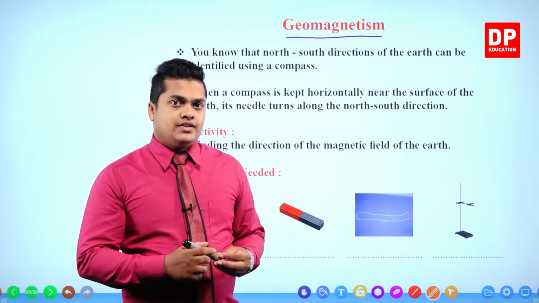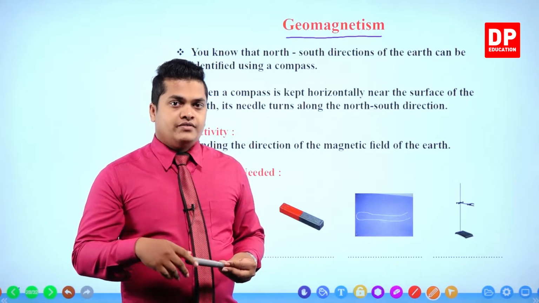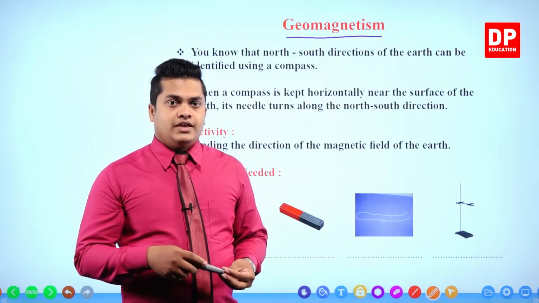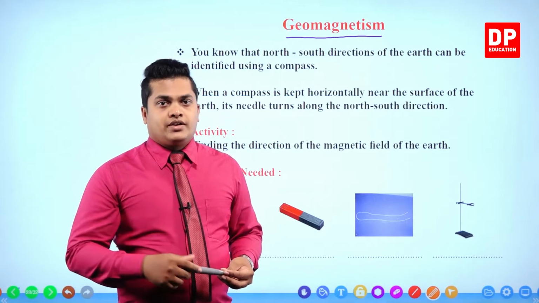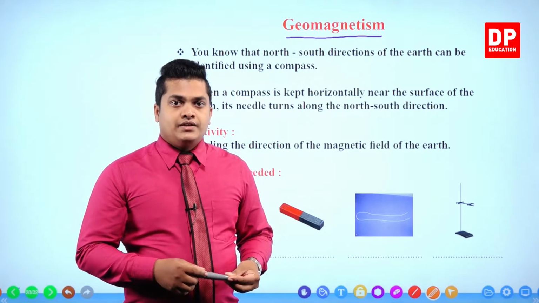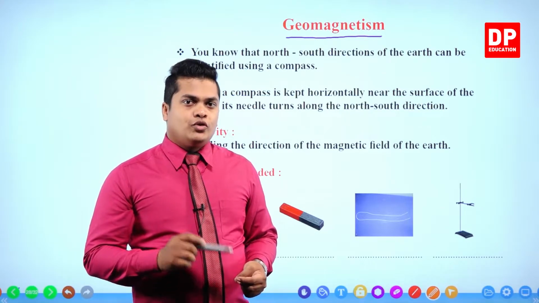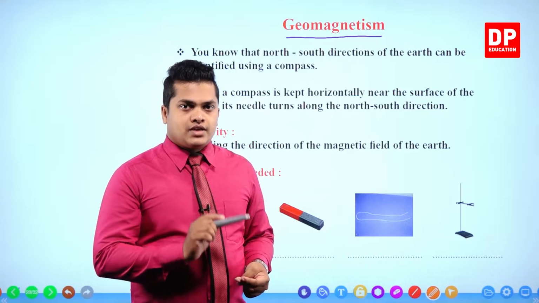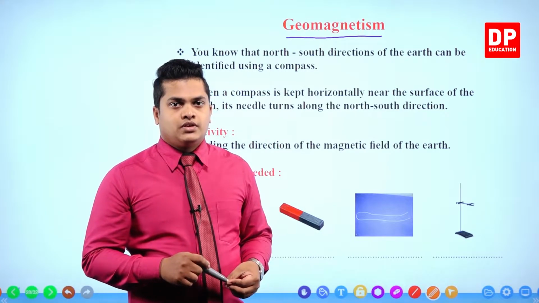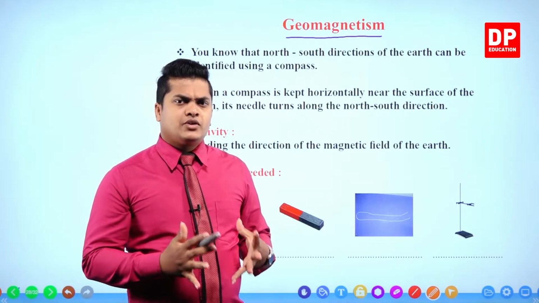So when a magnet is freely rotated, or allowed to rotate freely, the magnet is always going to show the north and the south directions of our earth. That's how the compass has been created.